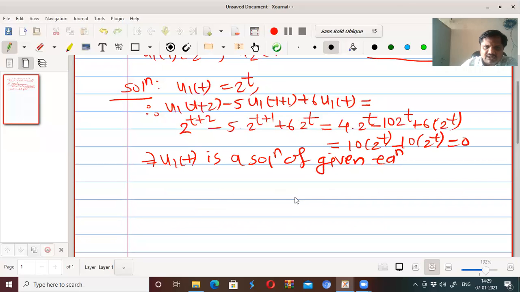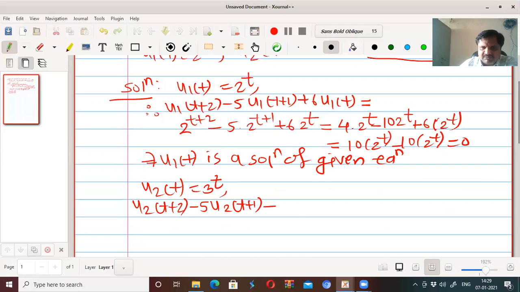Similarly, we will go for u2 of t equal to 3 to the power t. Now, u2 of t plus 2 minus 5 times u2 of t plus 1 plus 6 times u2 of t equal to. Now u2 of t plus 2 is 3 to the power t plus 2 minus 5 times 3 to the power t plus 1, right?